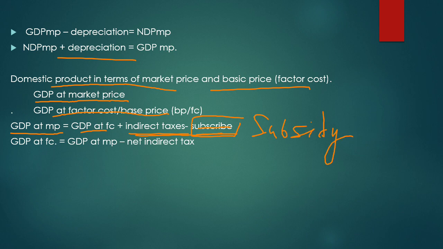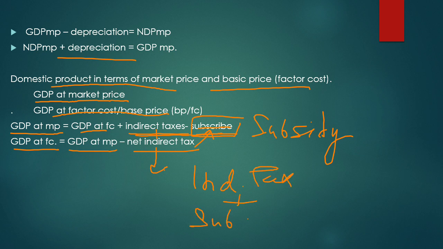So GDP at factor cost is what? GDP at market price minus net indirect tax. When we talk about net indirect tax, it is indirect tax minus subsidy. Combined, that is called NIT, net indirect tax.